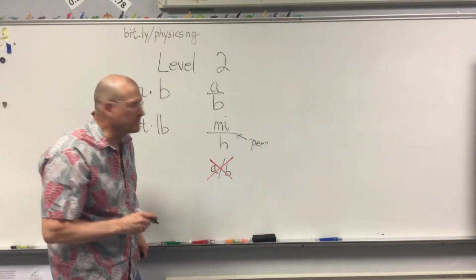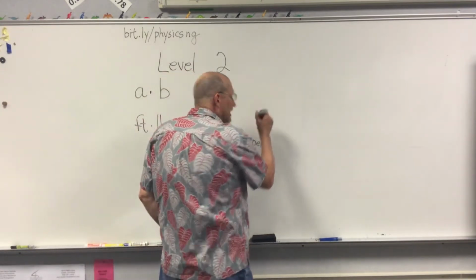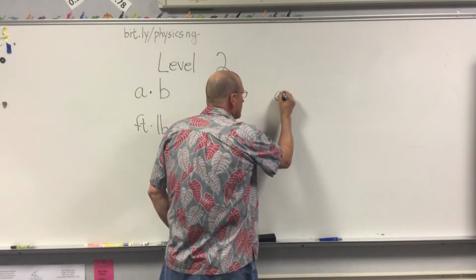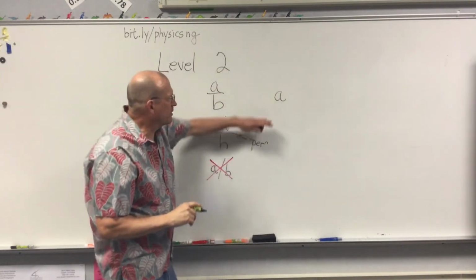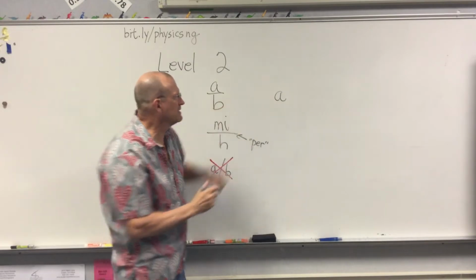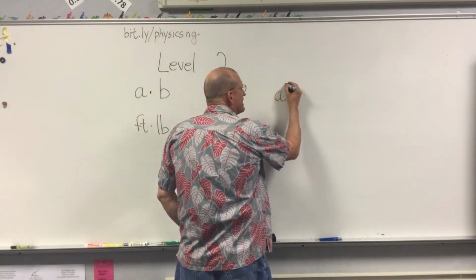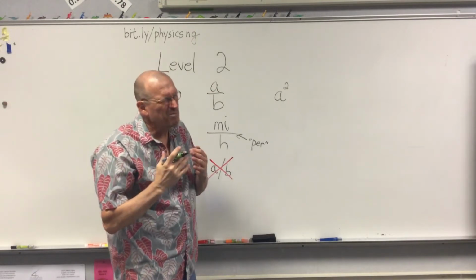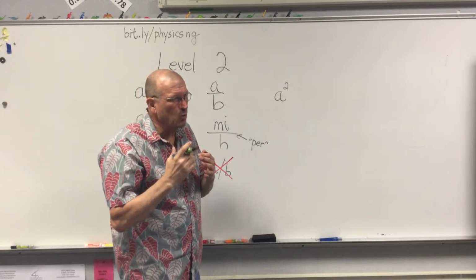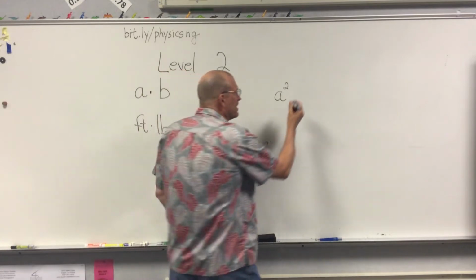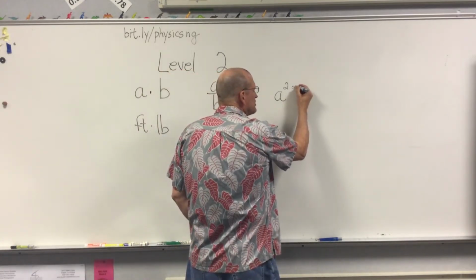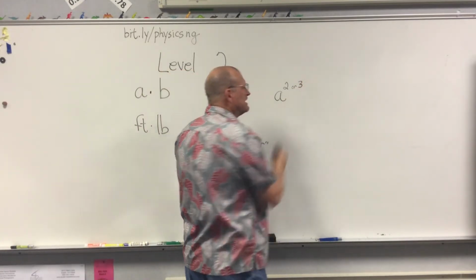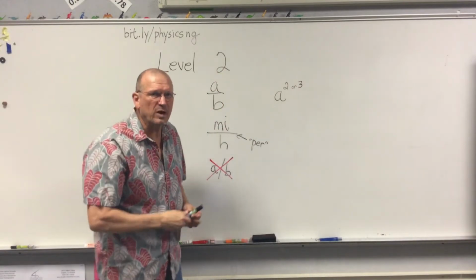Now the third type of unit is, again, one that you're probably familiar with, but it is where you have a single unit and it is being raised to an exponent. We're not going to go crazy with the exponents here. The exponents most frequently that you will see in this class will be either a squaring or a cubing.